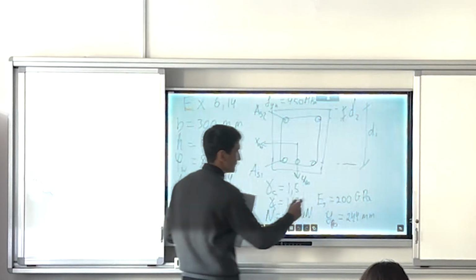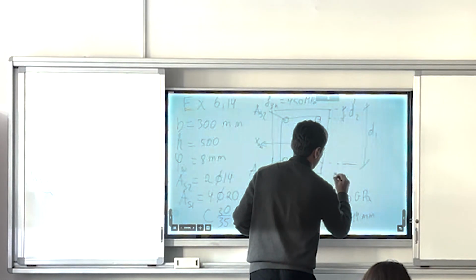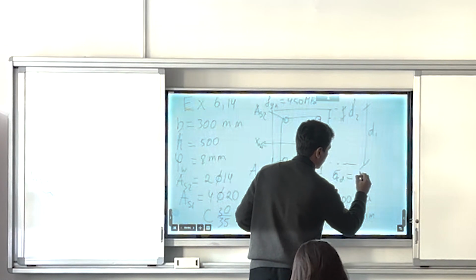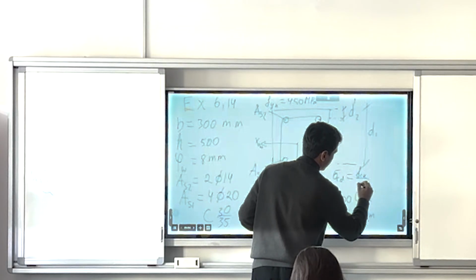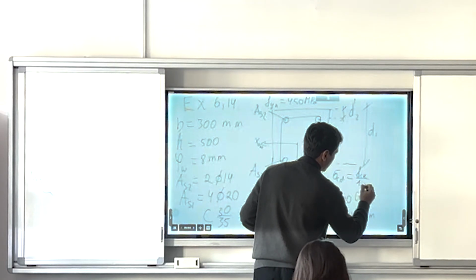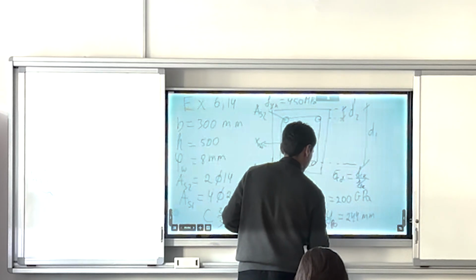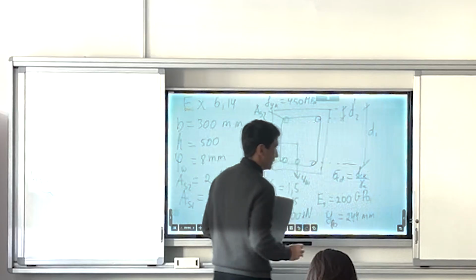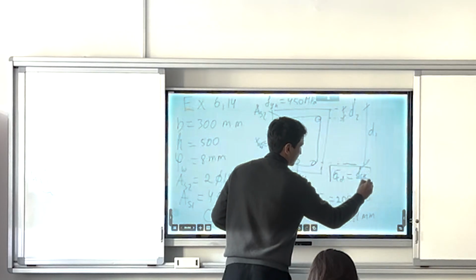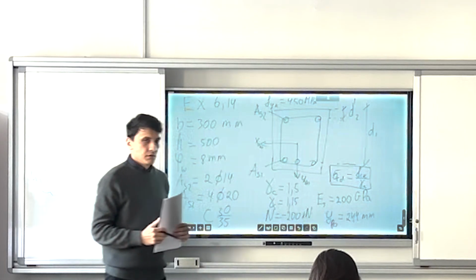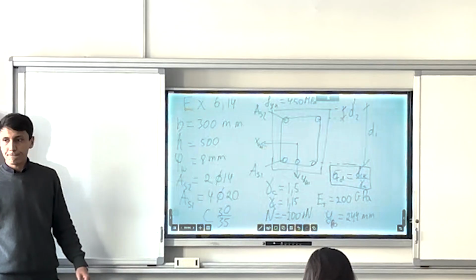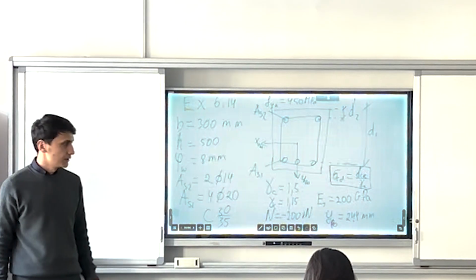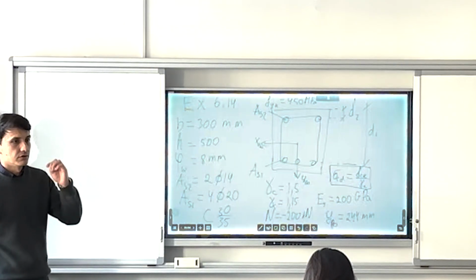So the design compressive strength of concrete is equal to FCK divided by gamma C. It is just a design value.